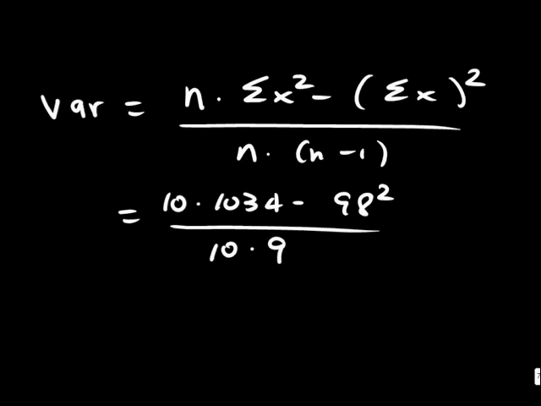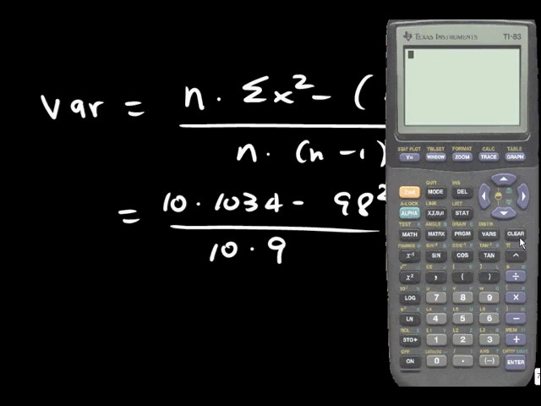If I enter this in my calculator, I'm not going to divide by 10 times 9 because I know it's 90. I'm actually going to divide by 90. Hit enter, and I get the sample variance.